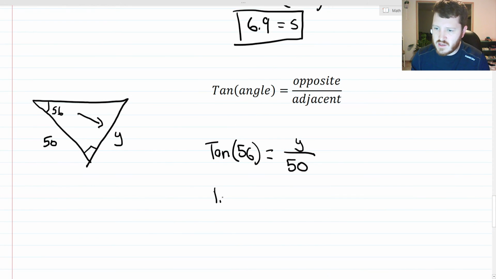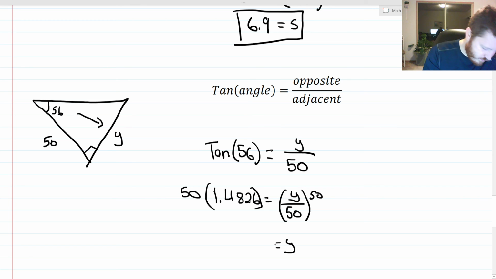So we need it to equal 1.4826. What y value will give us 1.4826? Multiply both sides by 50. So y is going to equal 50 times 1.4826, 74.13.